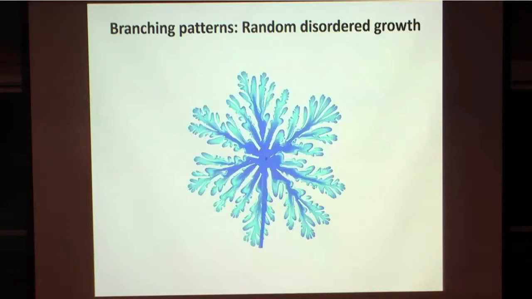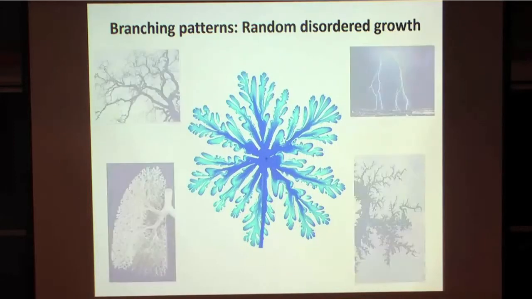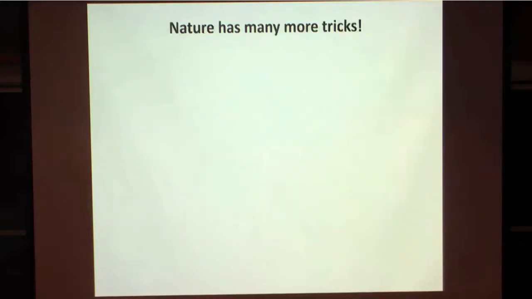And so we can learn something about these very branched patterns that lead to this somewhat random and disordered type of growth that we see over and over again in nature. But if you think about nature, nature has many more tricks.